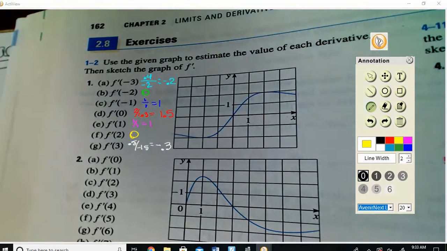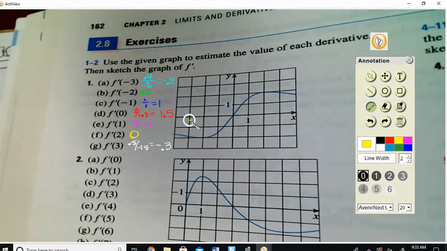So at negative 3, you get negative 0.2. At negative 2, we're at 0. At negative 1, we're at 1. 0, we're at 1.5. 1, 1. 2, 0. 3, negative 3.